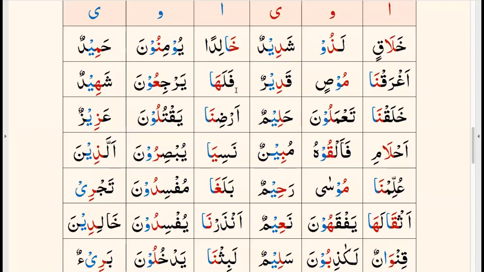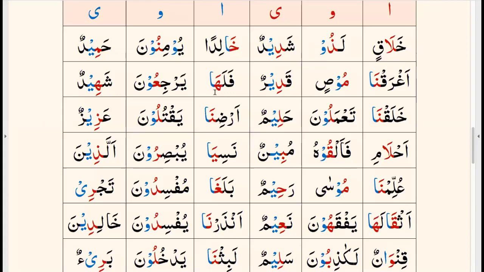Okay. Do you want to try and read the ha here? Do you know how to read it? Yes. Try it. Fa. Okay. Try to prolong it for a little bit longer. Fa. Ha.